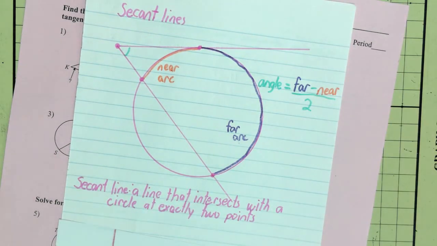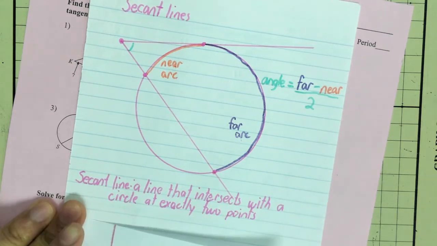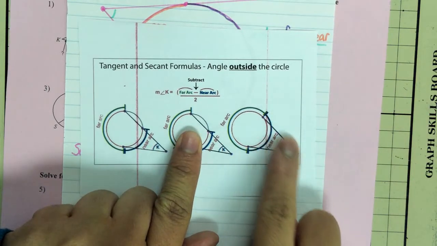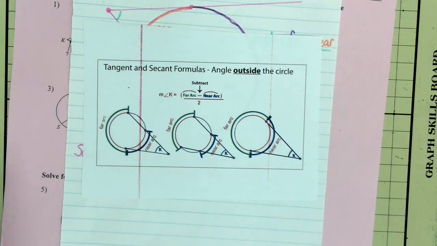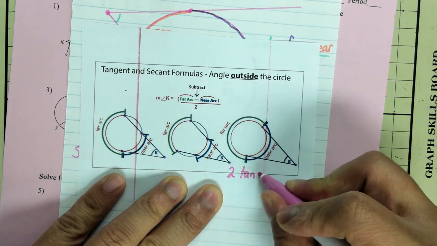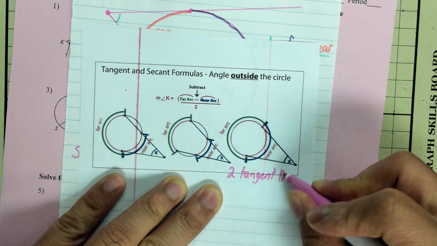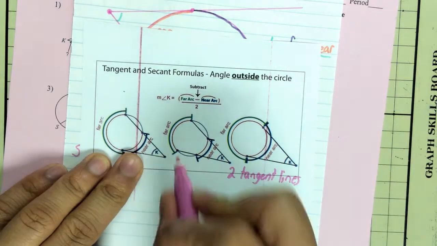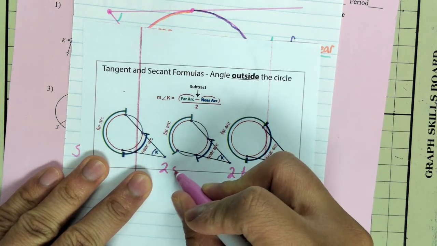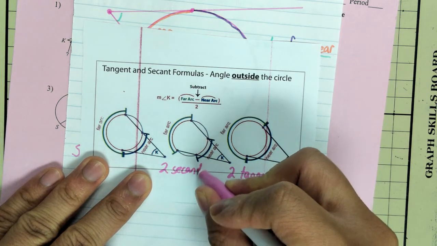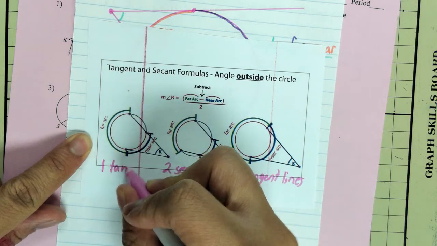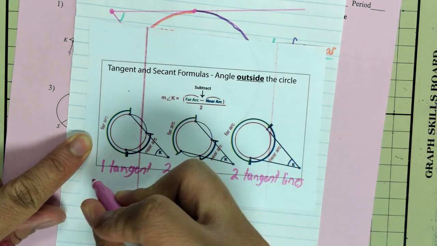This is a formula that we used in the previous video. Whether you have two tangent lines that intersect outside the circle, let me write that down, or over here, two secant lines that intersect outside the circle, or over here, one tangent line and one secant line that intersect outside the circle.